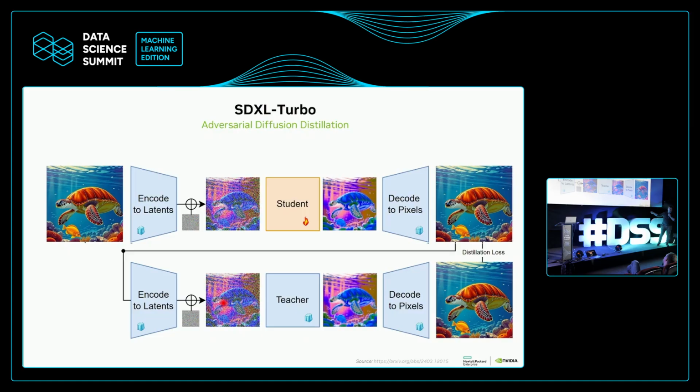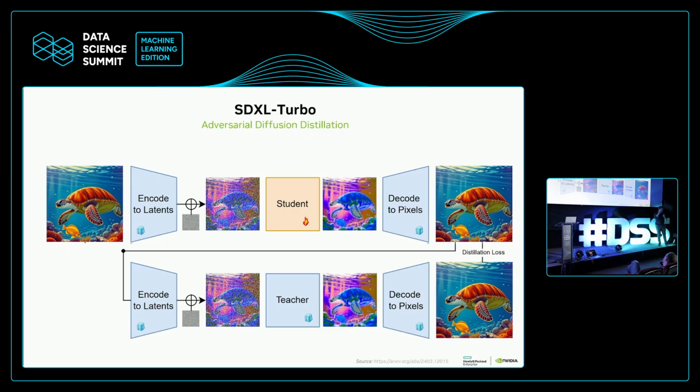The only difference is that here we are using our student, and here we use our frozen teacher. The teacher is not being trained here. We are only fine-tuning our student model. And after we decode the output of the teacher, we basically compare these two images. Here we are calculating MSE, mean square error loss, to calculate the distillation loss.